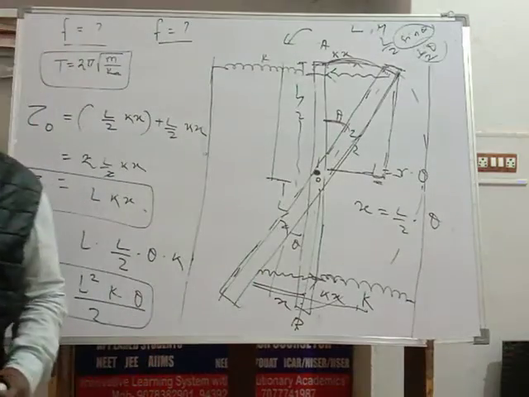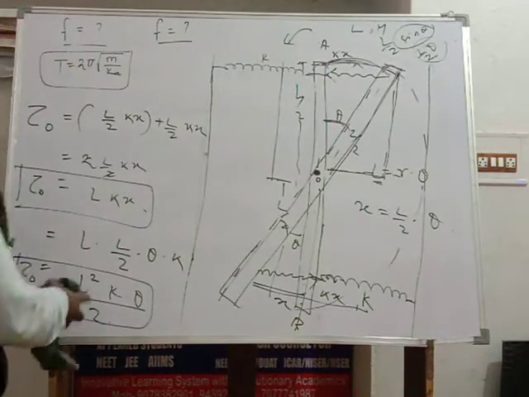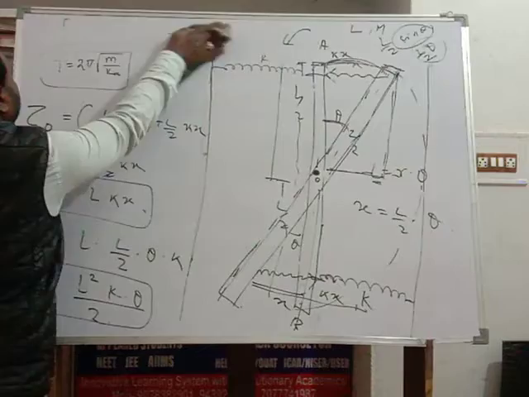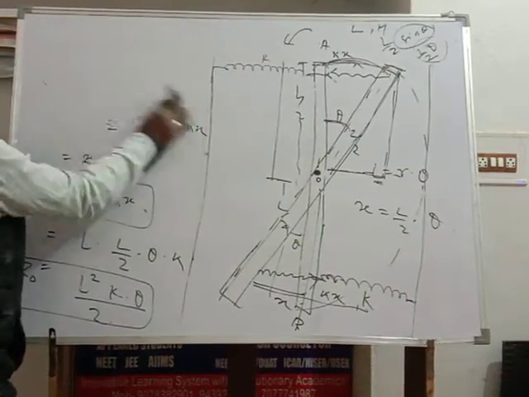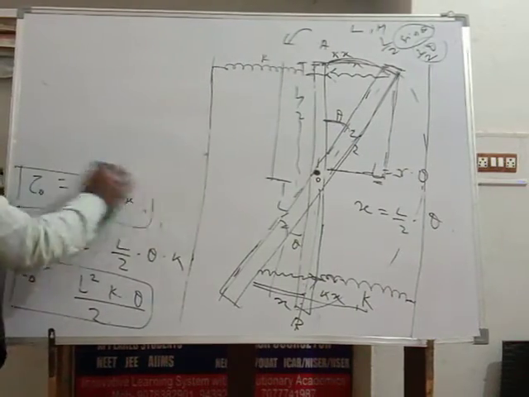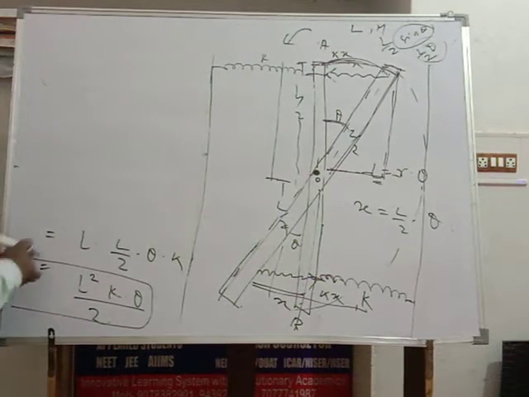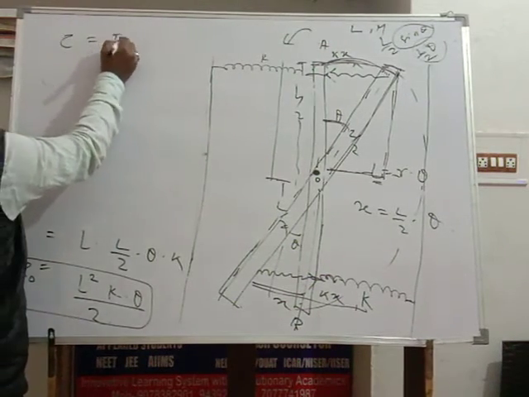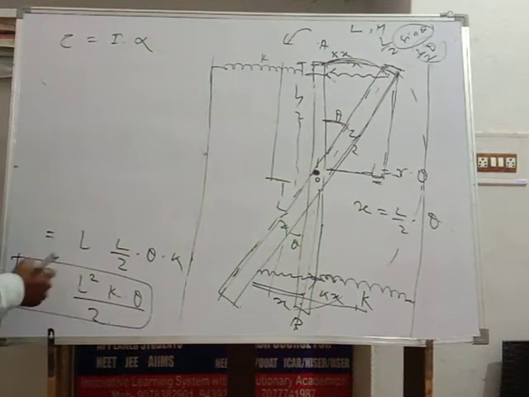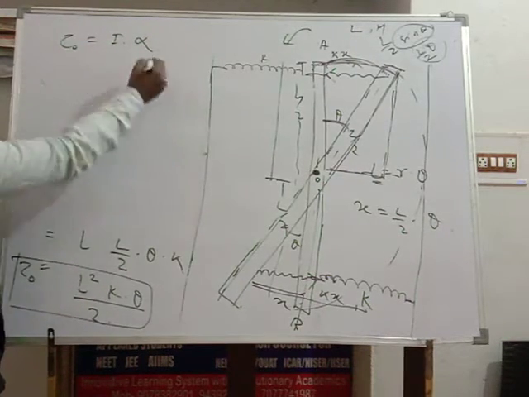Okay? So this is the net torque. But we know that tau is equal to I into alpha.